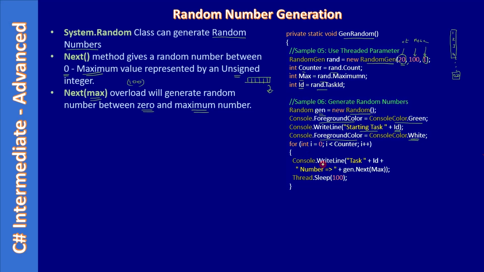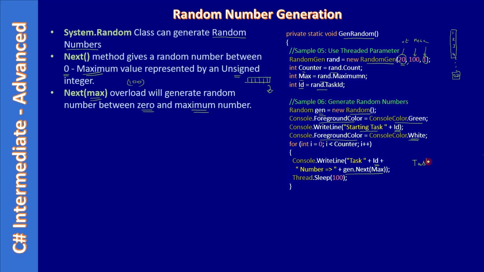So here if you see Console.WriteLine, we specify task, we specify the ID, then number, then gen.Next max. So that's what here we are generating at this moment.